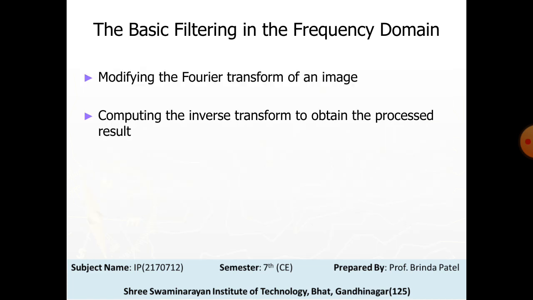Now the basic filtering in the frequency domain: frequency domain filtering fundamentals. Filtering in the frequency domain consists of modifying the Fourier transform of an image and then computing the inverse transform to obtain the processed result.